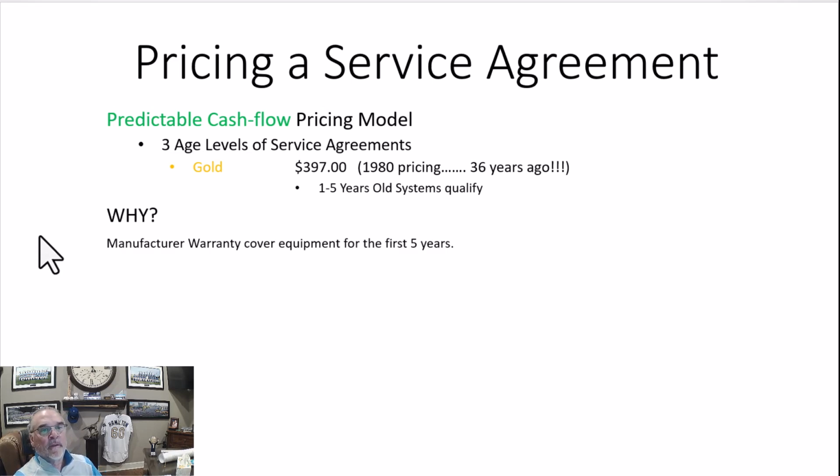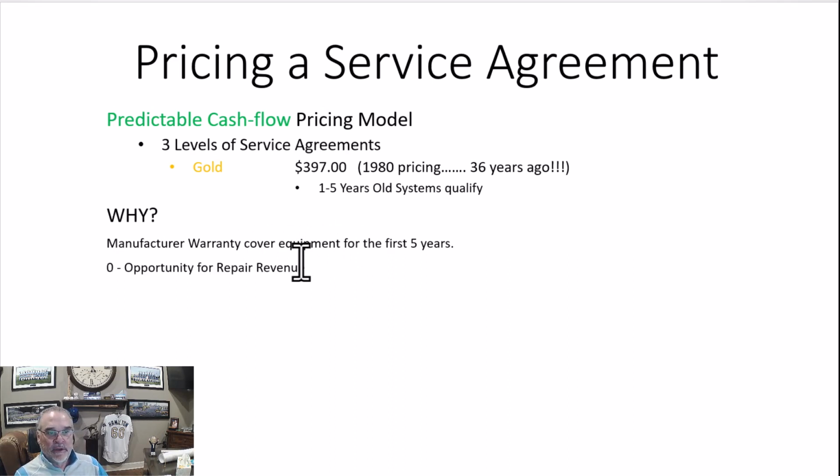The manufacturer covered the equipment for the first 5 years back in 1980, and some people believe that still happens today. It may, to a point, but not like it used to, because they used to cover the labor and the material for you back then. The manufacturer warranty covers equipment for 5 years.